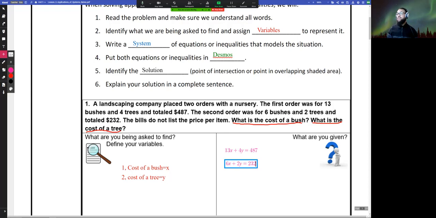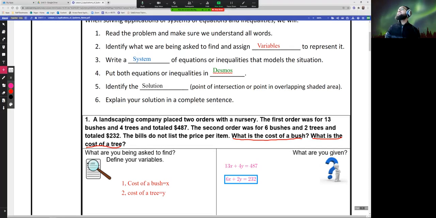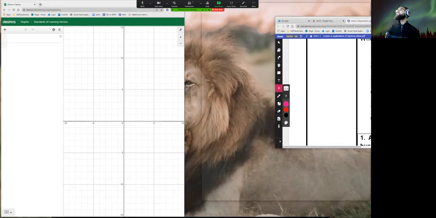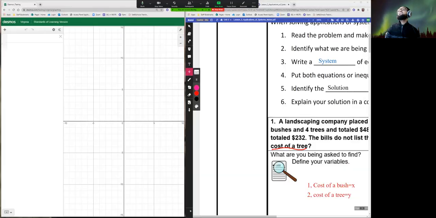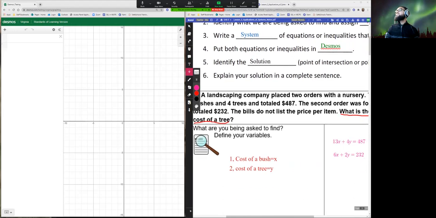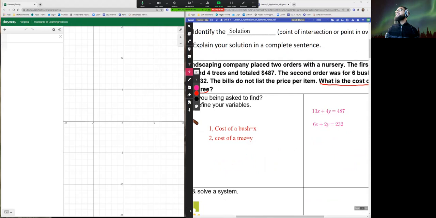So now that we have these two things set up, we're going to put them into Desmos, all right? And then I'll walk through my process again as I set up Desmos. All right, so once again, we read the question.